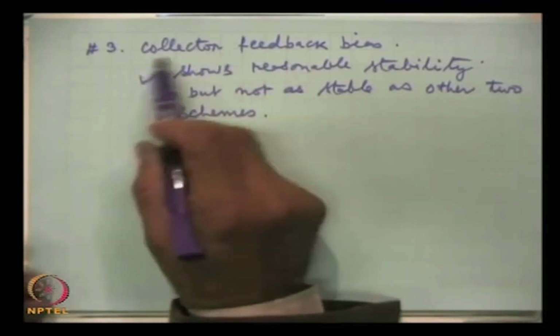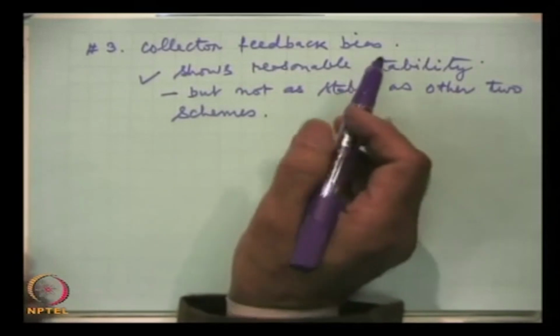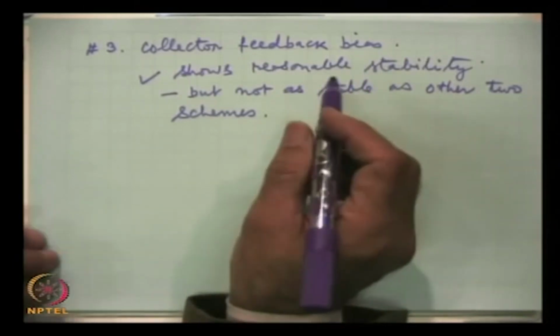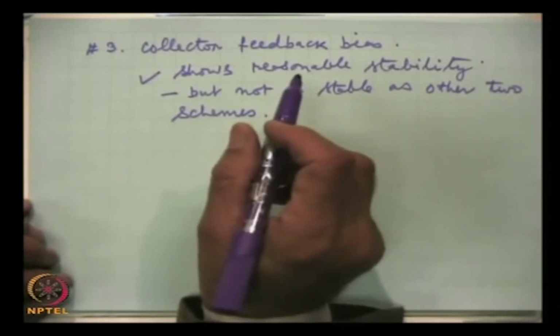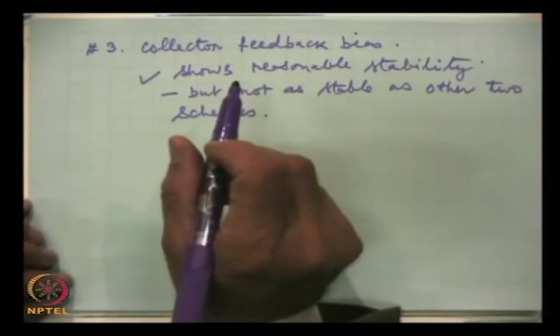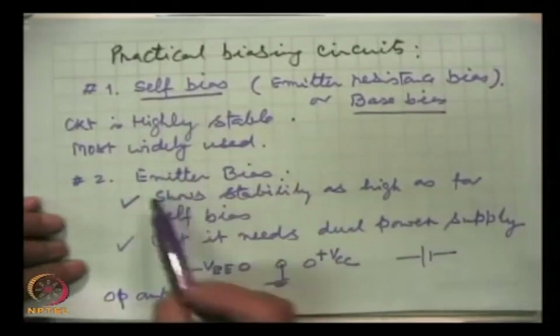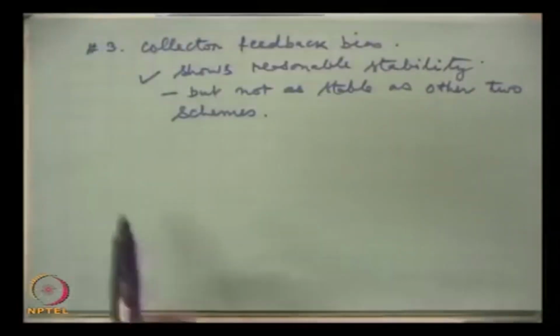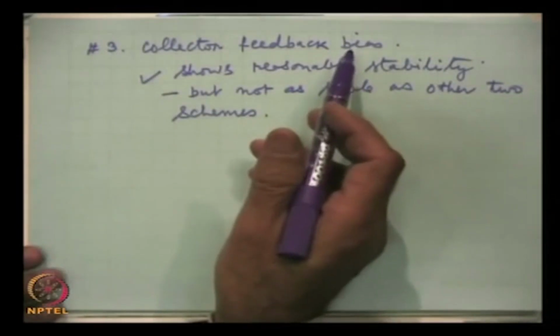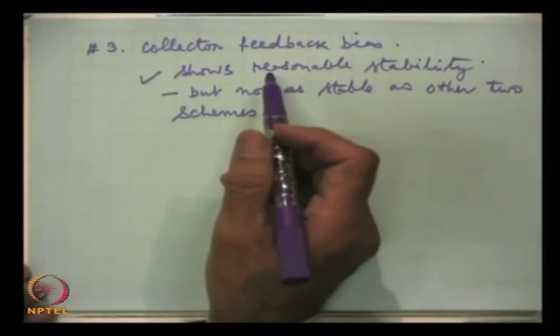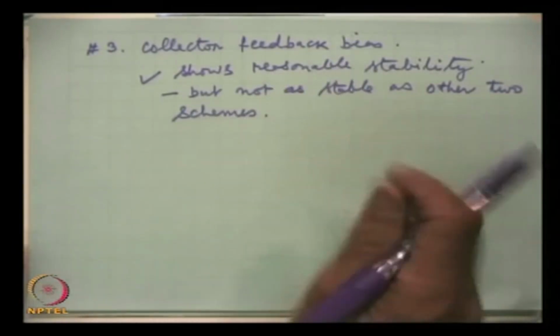So, there collector feedback bias is used. So, these are the three practical circuits which are used: self bias, emitter bias and collector feedback bias. We will discuss these schemes one by one.